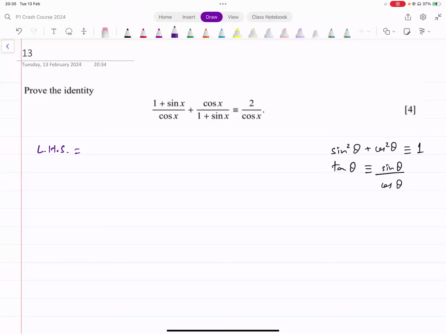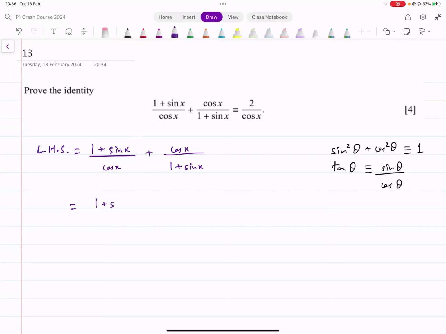Now let's start from the left-hand side. 1 plus sine x divided by cos of x plus cos of x divided by 1 plus sine x. Now, since we want to make it a single fraction, that's what we have on the right side, 2 over cos x. We can take LCM here. If we take LCM, 1 plus sine x multiplies with 1 plus sine x here.